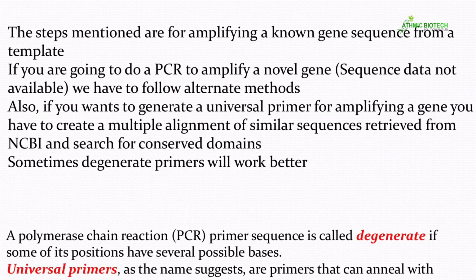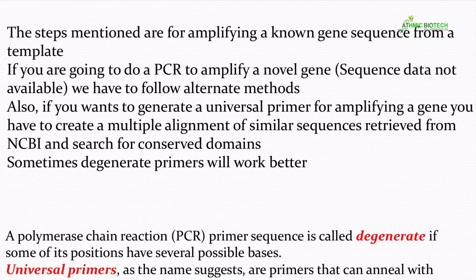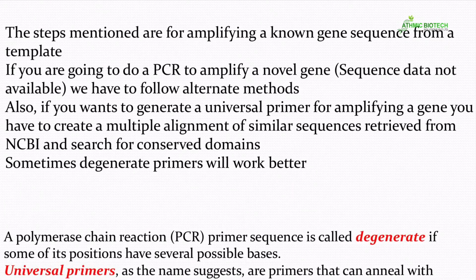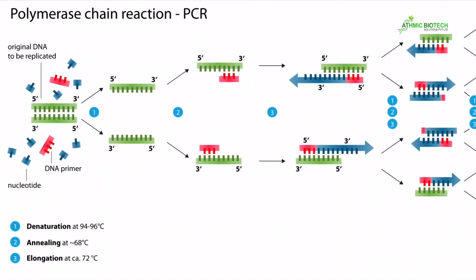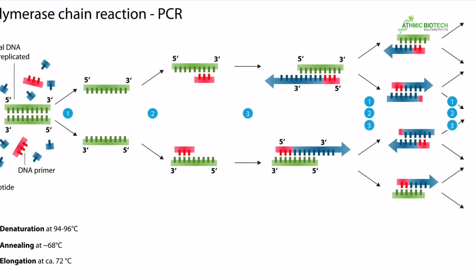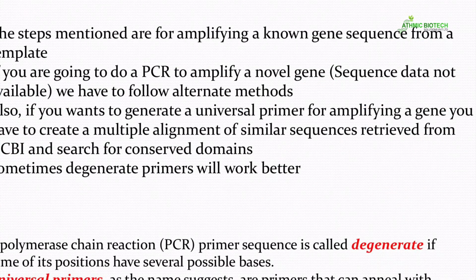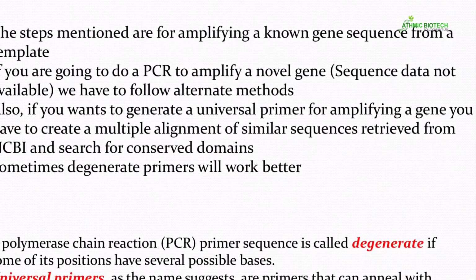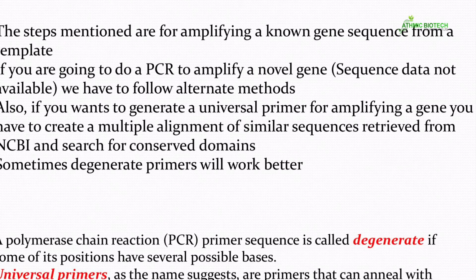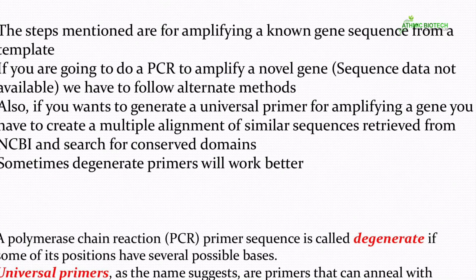So at one position, 50% of the primer will code A and 50% will code T, or all 4 bases as a mix, 25% A, 25% T, likewise. Such primers are called degenerate primers. So this is all about primer designing.